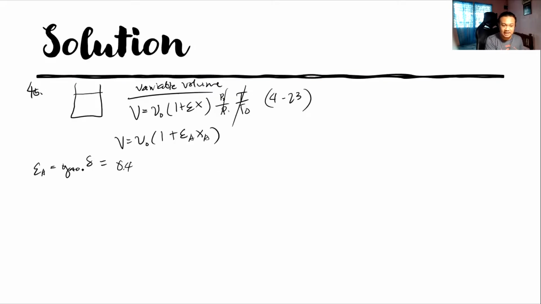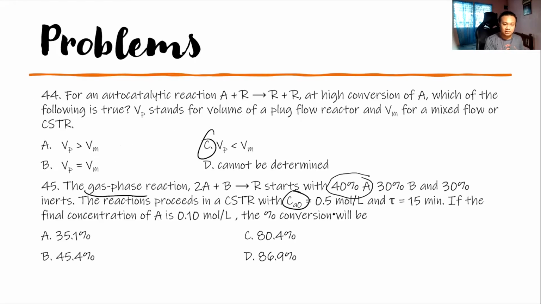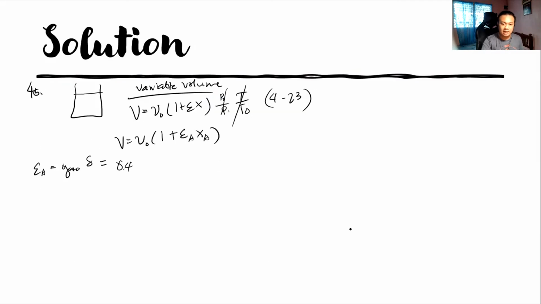And delta, the formula for it is d over a plus c over a minus b over a, minus 1.